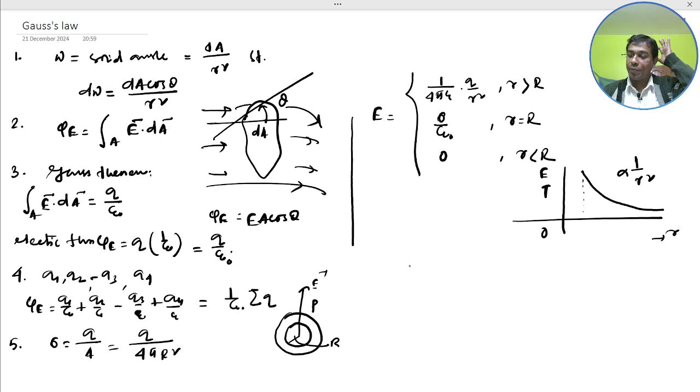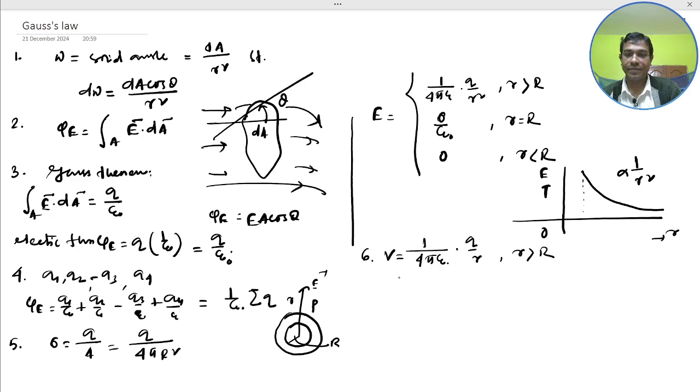And now the electric potential due to a uniformly charged sphere. This is the field, and the potential V is equal to 1 by 4 pi epsilon naught Q by r when r is greater than capital R. Basically here, r is distance, and capital R is the radius.